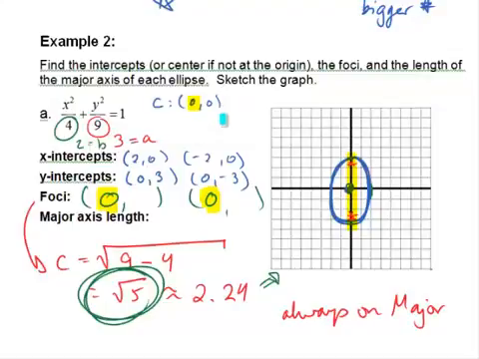And then we went from this part, how much? We went 0 plus square root 5 units up and 0 minus square root 5 units down. So 0 plus square root 5 is just root 5. 0 minus square root 5 is negative square root 5. And then the length of the major axis is 3 units up and 3 units down, so it's 6 units.